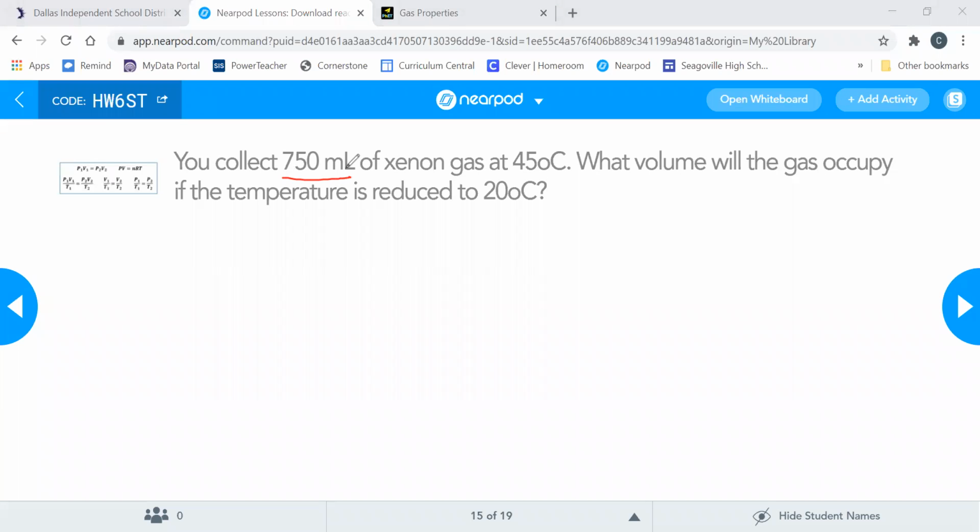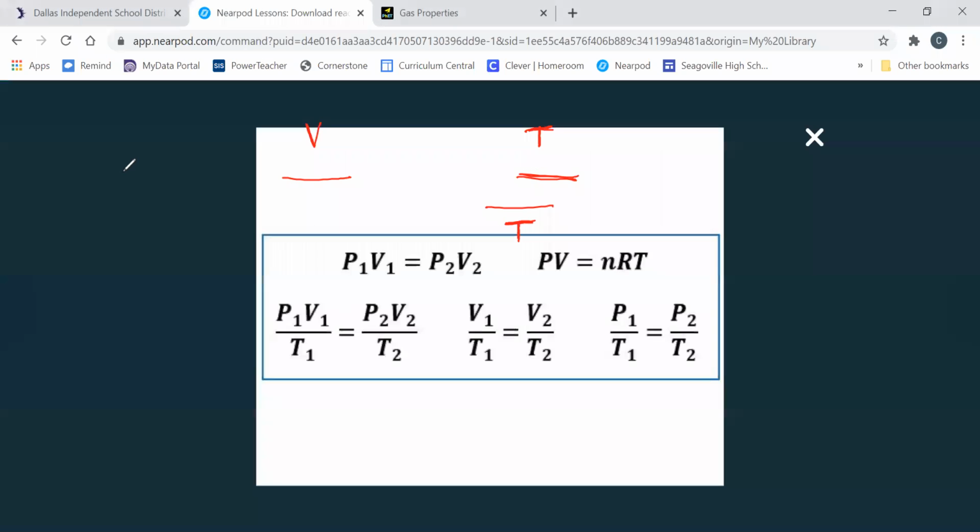If you don't know that milliliters equals volume, that equals volume. This is our temperature. They put it in Celsius, but just know that it's temperature, and this is also temperature. So which formula did they give us that only has volume and temperature? It will be this one. So that's how you figure out what equation to use.